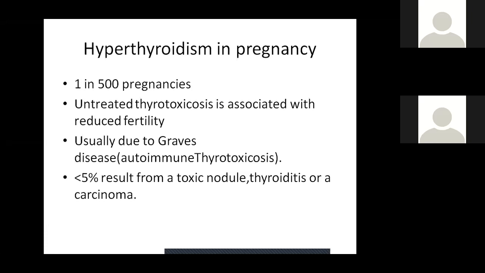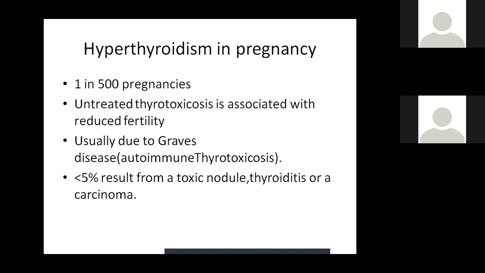They only conceive if we optimize them before they try for pregnancy. So, most of the time, once the patient becomes pregnant, the levels are normal. But in cases of untreated thyrotoxicosis, if the woman conceives, then treatment requires continuation, and we should look for signs and symptoms during pregnancy.